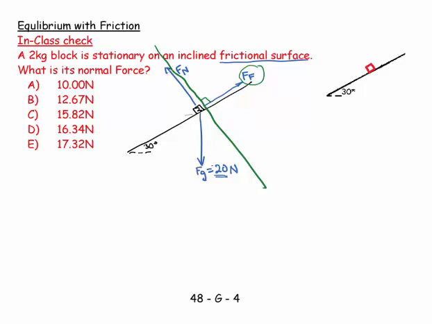And Fg does have a component along the green line. I've got to be able to draw this well. Sometimes I'll see students who don't draw their diagrams and so they make mistakes. It's important always to remember that the original vector, in this case the 20 newtons, is the hypotenuse of this right angle triangle.